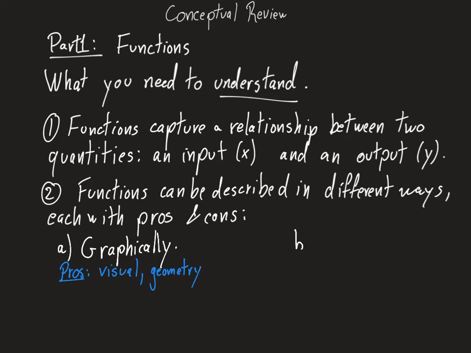Now, a second way to describe functions is by making a table of values. The pros of using a table of values are that this often represents data points.